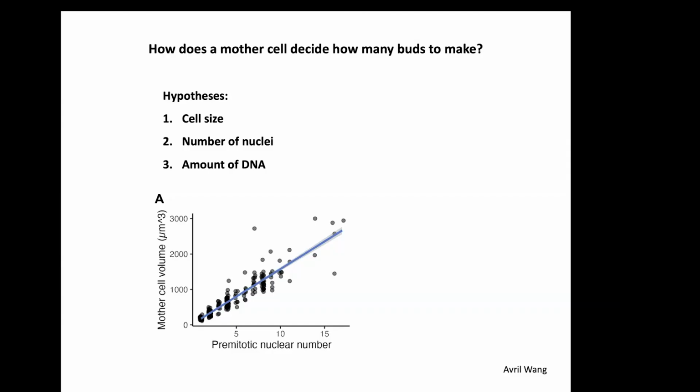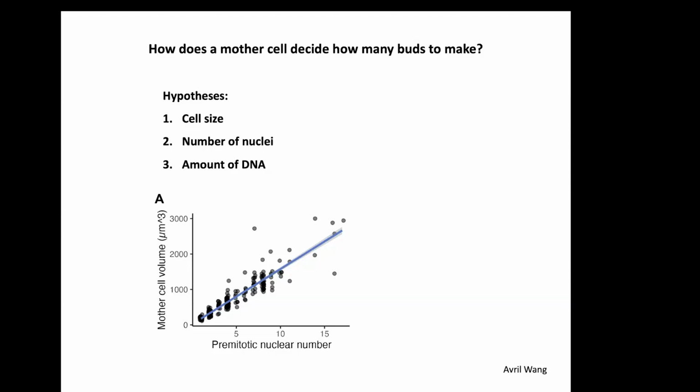Alternatively, like you said, it could be the number of nuclei, like each nucleus has some kind of connection with the cortex, and so you're counting number of connections, and that tells you how many buds to make. Less obviously, it could be just the total amount of DNA in the cell that somehow affects transcription of something, whatever. So those were starting hypotheses. Of course, all of these things are very highly correlated with each other. The DNA is correlated with the number of nuclei 1-to-1.